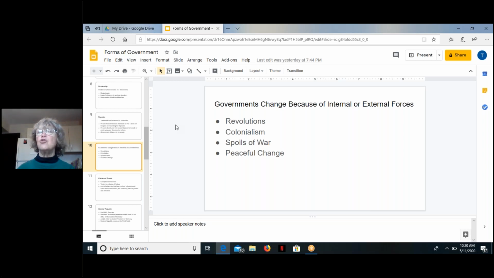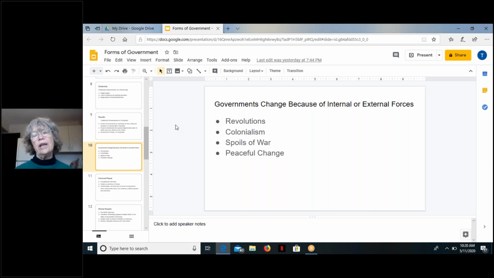Then that colony is drawn into the empire. An example is where the British Empire incorporated the people who live now in the country we call India. There are many, many examples of the British Empire a couple hundred years ago, in the 1700s and 1800s, where colonialism was an external force that changed the government of the people who were affected by it.